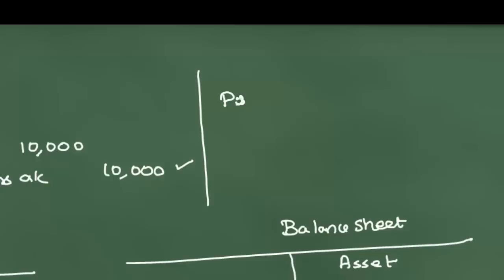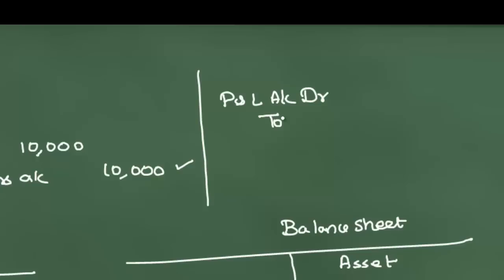account, profit and loss account debit. By debiting, what we have done is we have created a provision. Provision is basically a liability. It can be shown on the liability side or it can be shown as a deduction on the asset side.